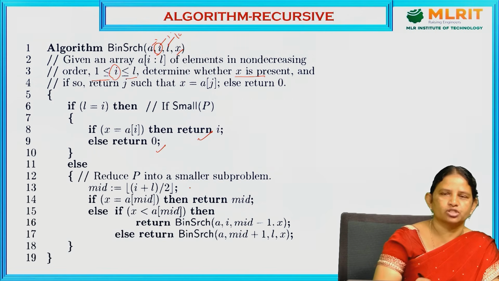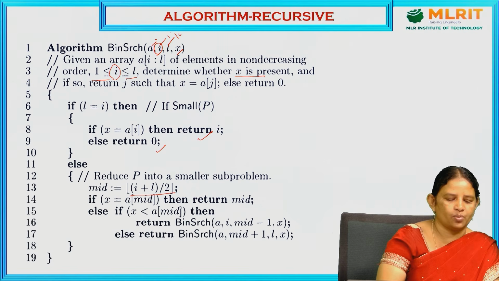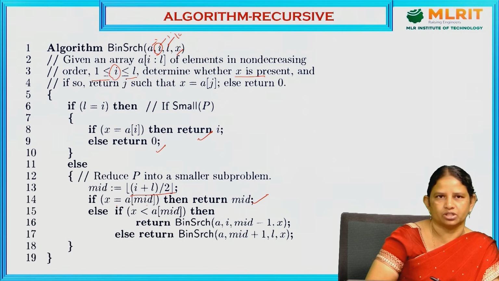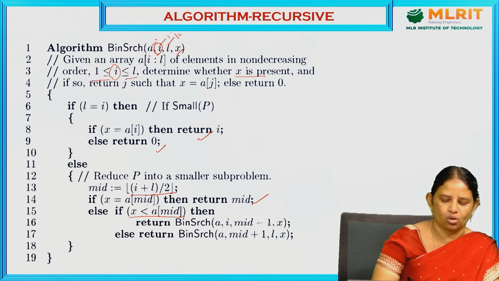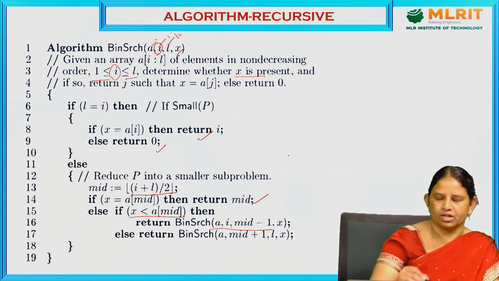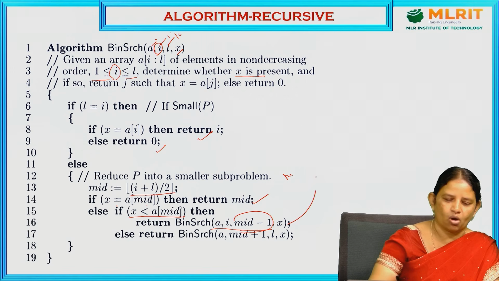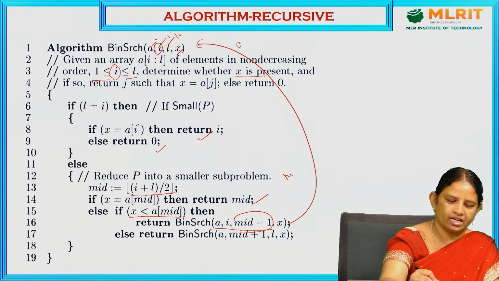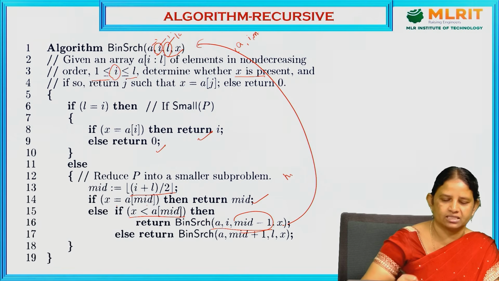Otherwise, we reduce the problem by calculating mid as low plus high by 2. If the key element is equal to the mid element, return the mid position. Otherwise, if x is less than A of mid, the key element is less than the mid element, so we concentrate on the left sublist by calling the function with high equal to mid minus 1, as discussed in the previous example. We call the recursive function with I, L, high decreased to mid minus 1, and x as the key element.